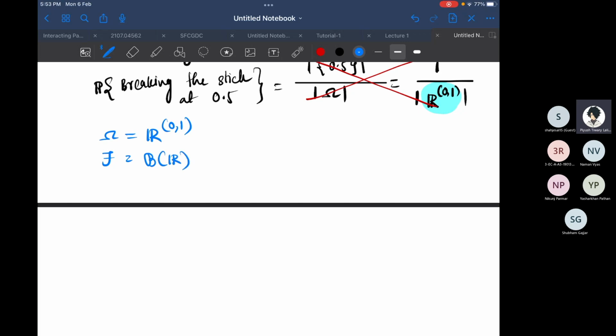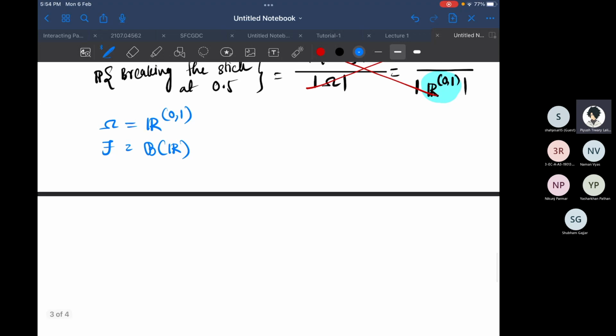Okay. So what is a Borel sigma algebra? It is a sigma algebra that contains these open sets that we discussed. Just to give you a peek into what this Borel sigma algebra might look like, it's not a complete thing.